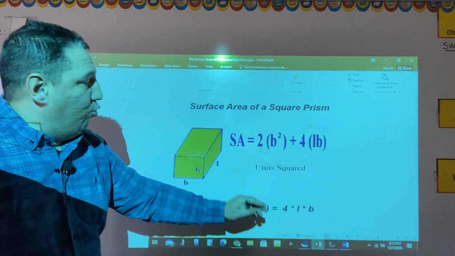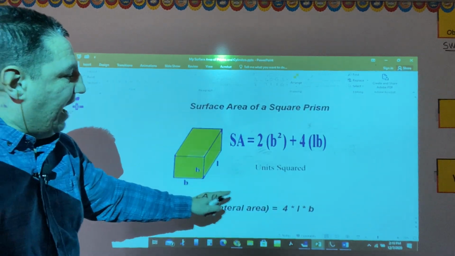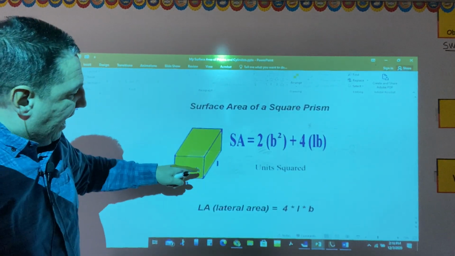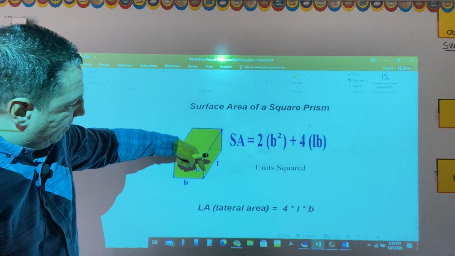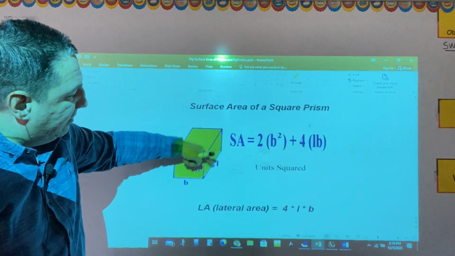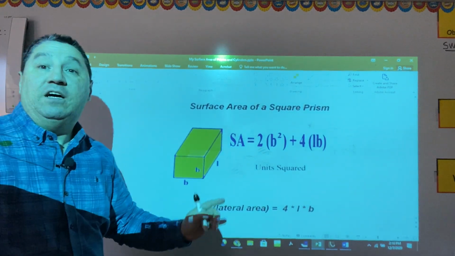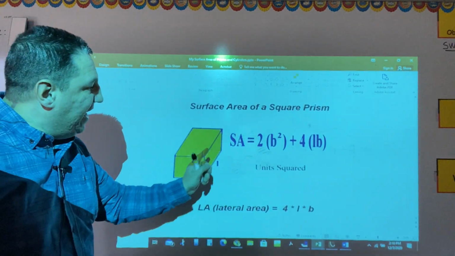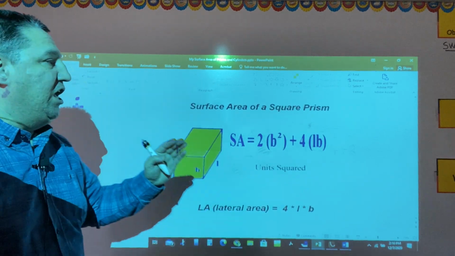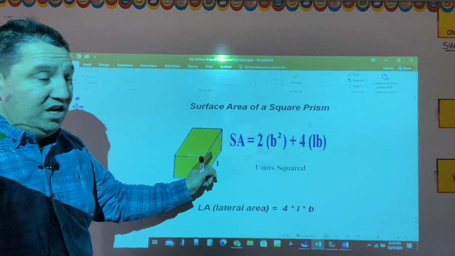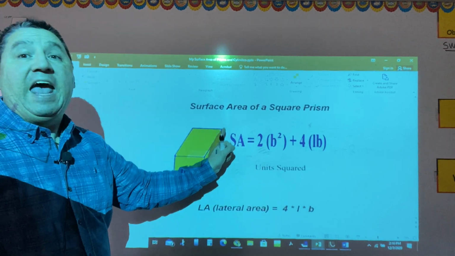Lateral area would be 4 times L times b. This is the side surface. We have 4 such side faces. Each face is a rectangle. To find the area of a rectangle, we multiply length and width.